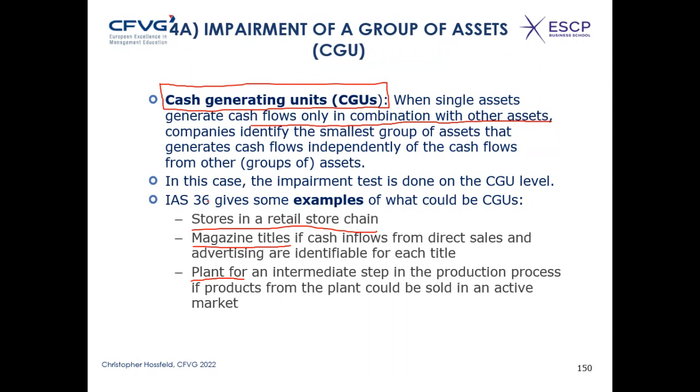We see that very well in stores in a retail store chain, because every store generates cash flows independent from other stores. Therefore, I can calculate the forecasted cash flows for the whole store, that means for the whole cash generating unit. And then I do an impairment test for the whole unit, and not for the individual assets that are inside the unit.